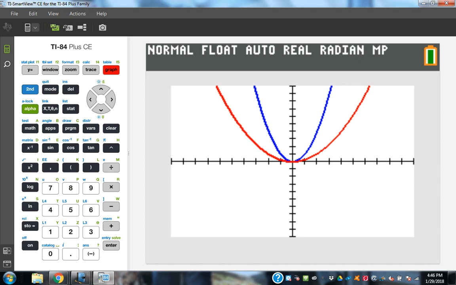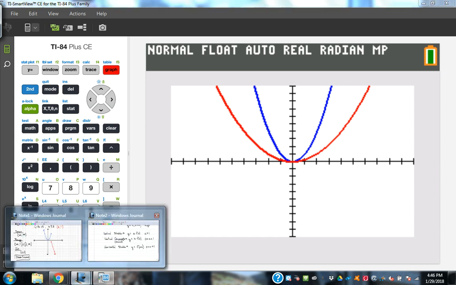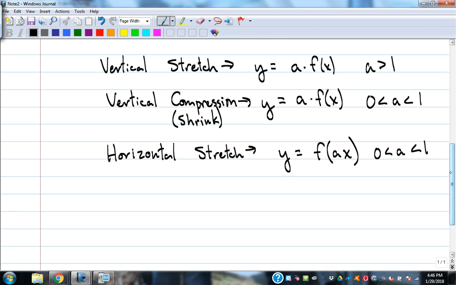So those things happen out of that. So inside small fraction is going to be a horizontal stretch. Inside large number is a horizontal compression.